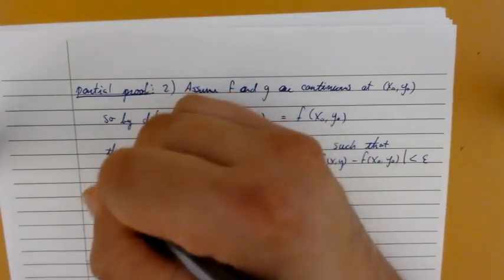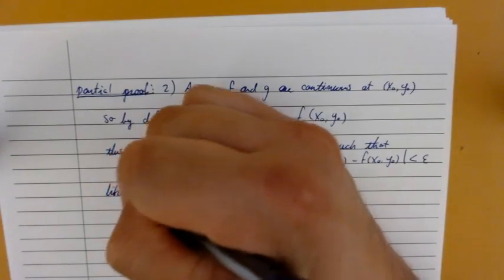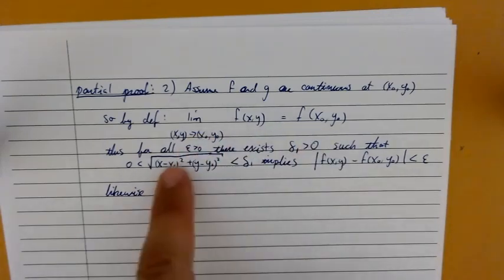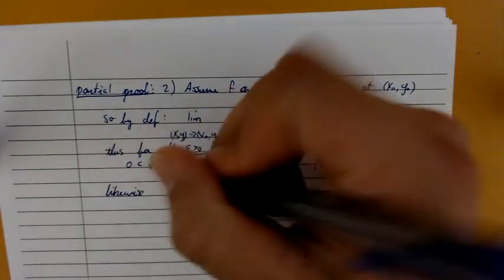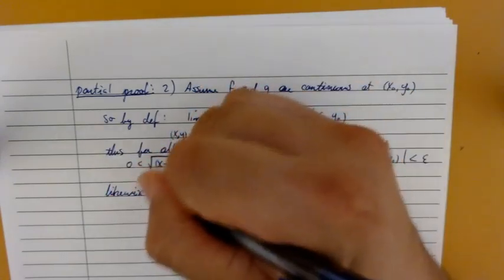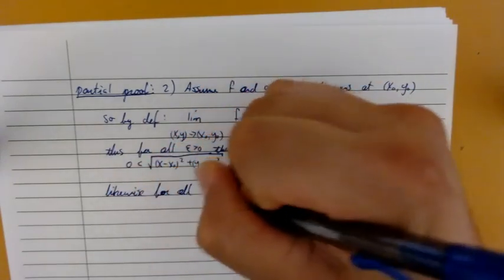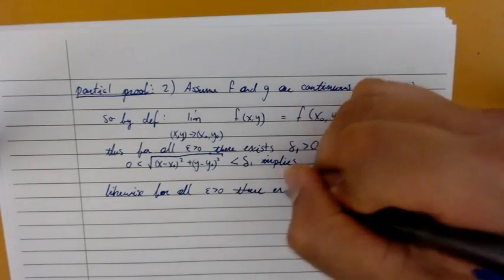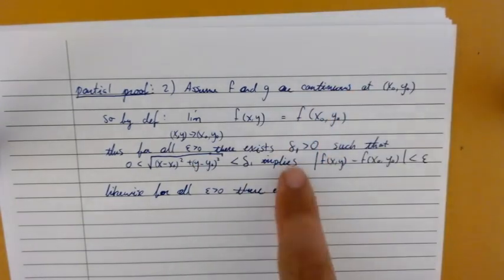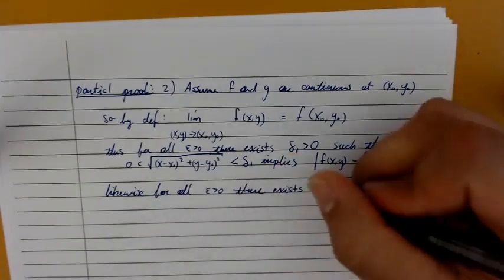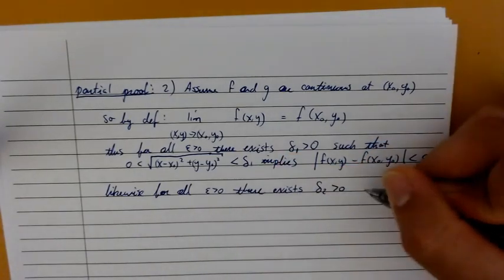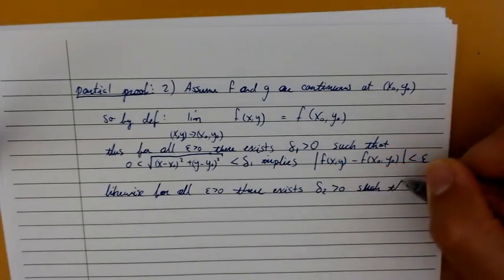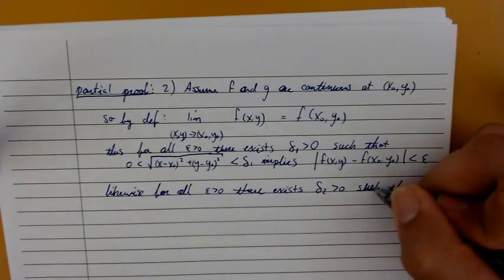Likewise, because g is also continuous, you can also say the same thing except with g in place, right? So here we can say likewise, for all epsilon greater than 0, there exists some delta. Well, now that doesn't have to be the same as this delta, so I'll call it delta 2 greater than 0, such that, yes, I did just misspell the word such.